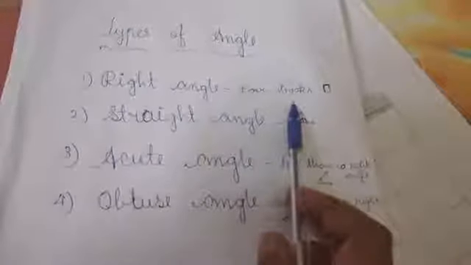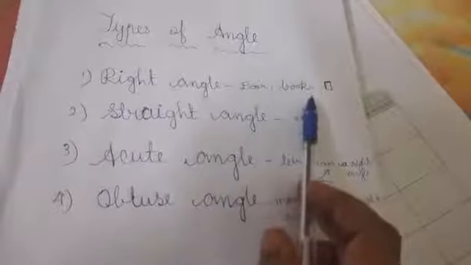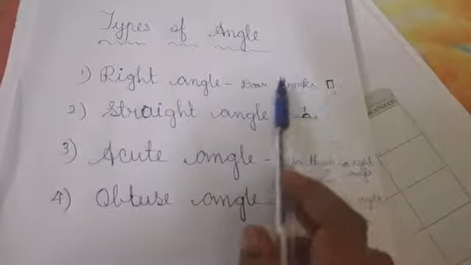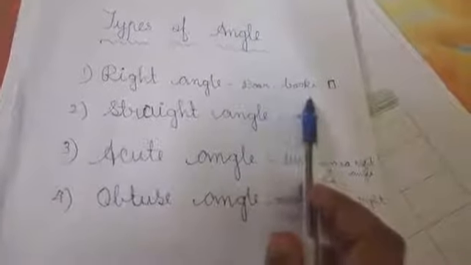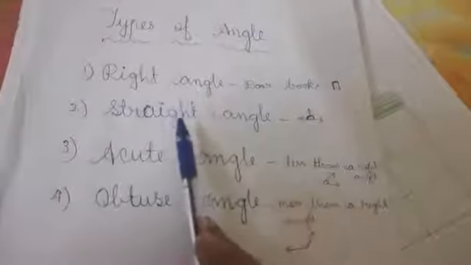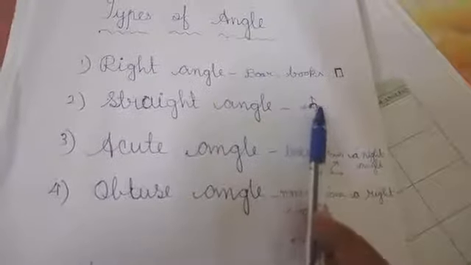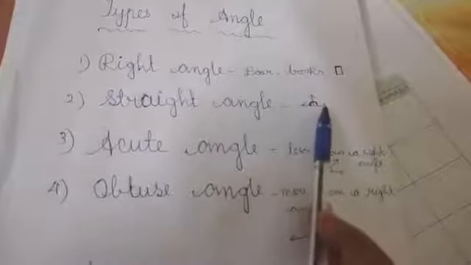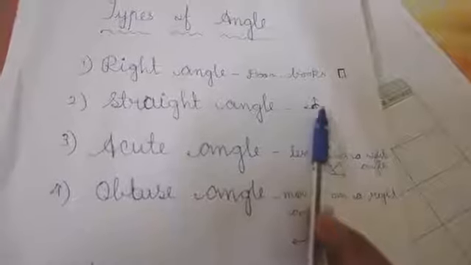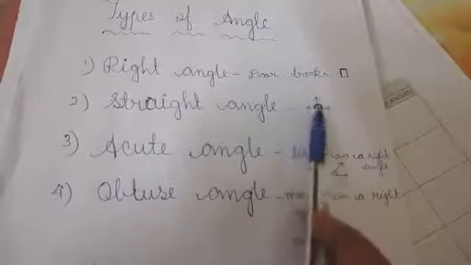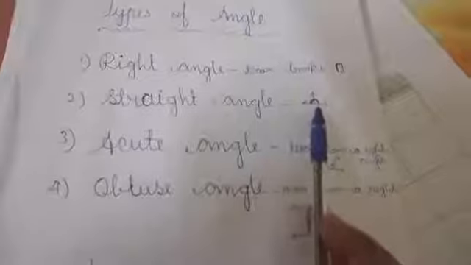Shall we revise the types of angles? Right angle, examples are door, books, right? Might look like a rectangle, but the examples are door, books, etc. Straight angle will have angles on both sides, but different angles.